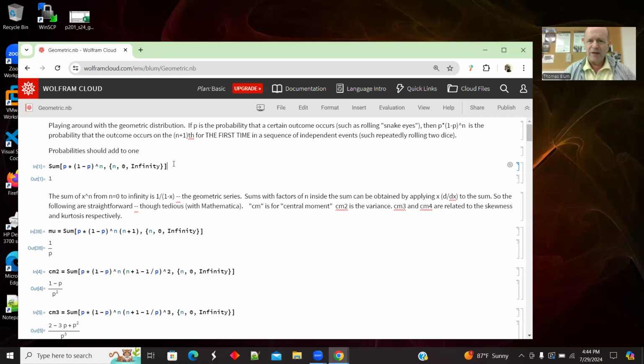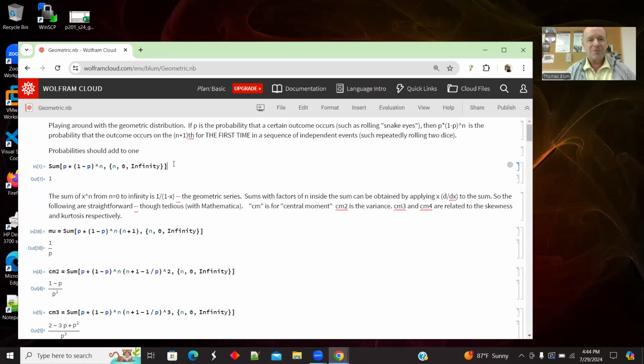The first thing we want to do is test that the probabilities add up to one. So I have p times 1 minus p raised to the n, summed from n equals 0 to infinity. Now the p can be pulled out. I can call the 1 minus p sort of x, and then that is the well-known geometric series, hence the name geometric distribution.